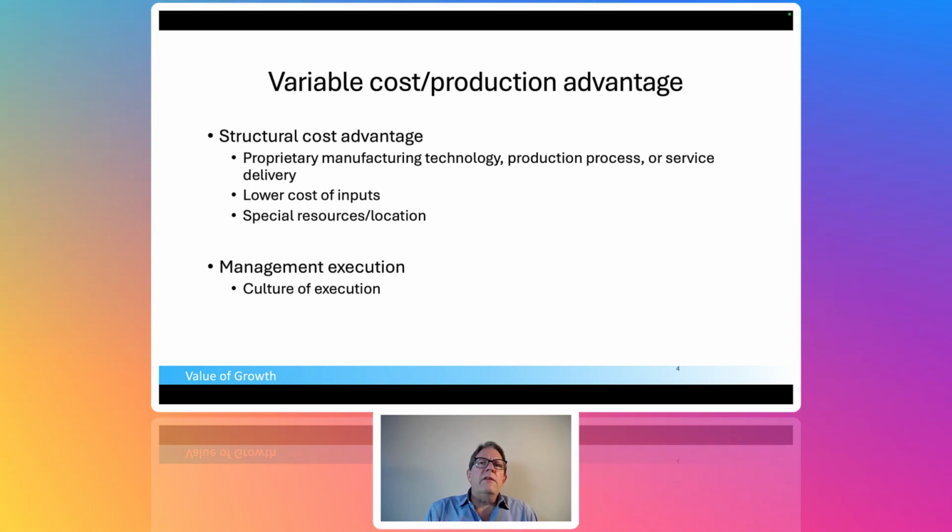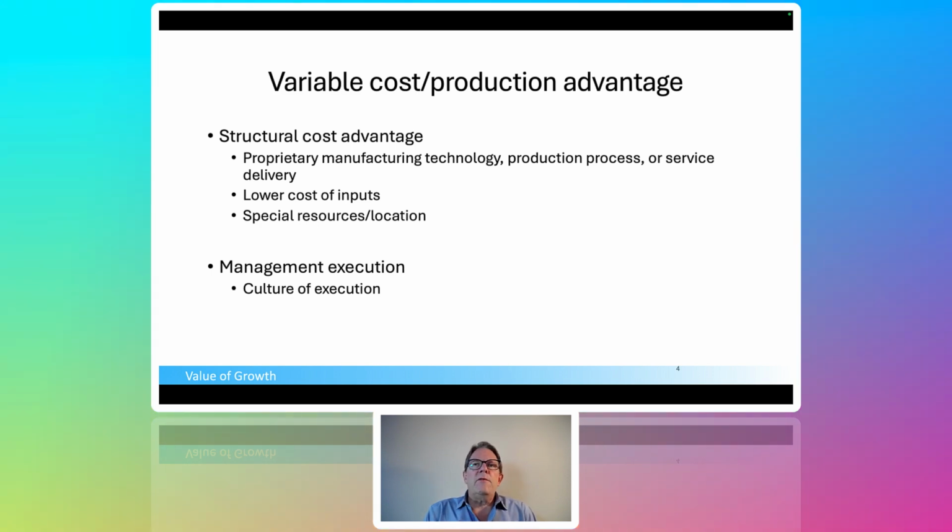Another one that is important is management execution, that the company has developed a culture of execution. Now, I'm going to talk a lot about execution throughout all of the discussions of competitive advantage because it's a nice overlay. I will stress, though, management execution is not a competitive advantage by itself. It gets layered on. So in that sense, it's somewhat similar to brands.